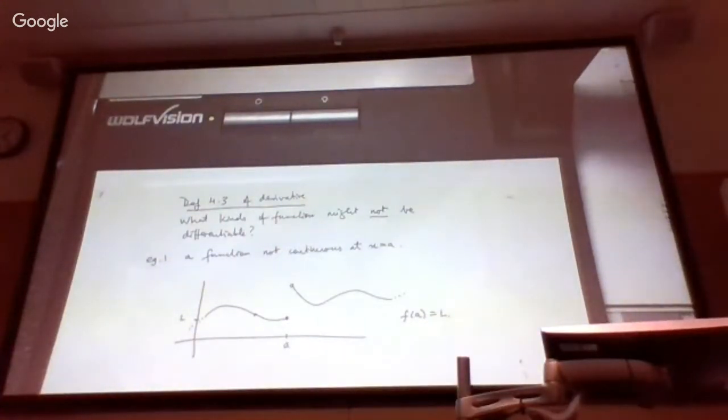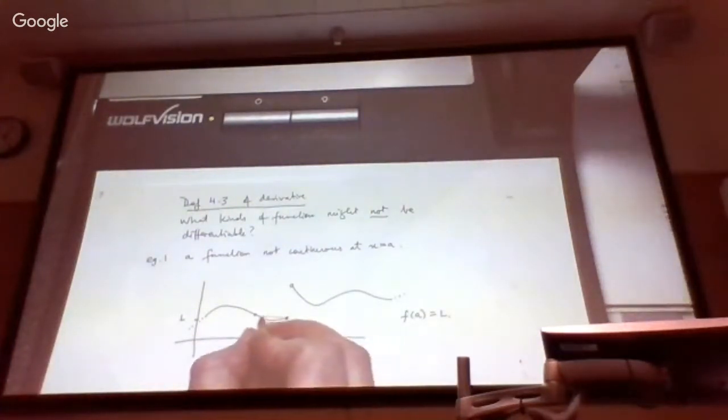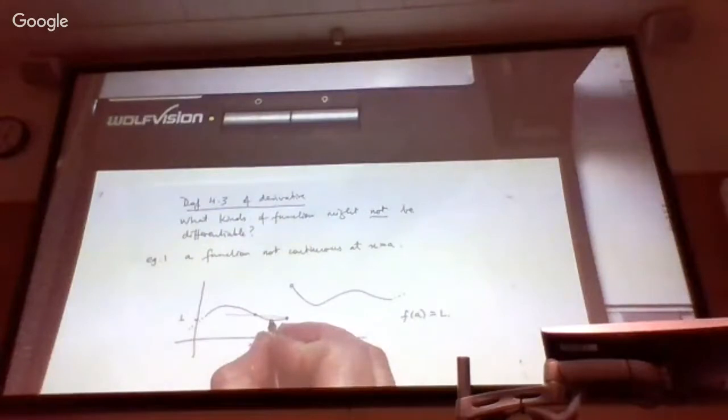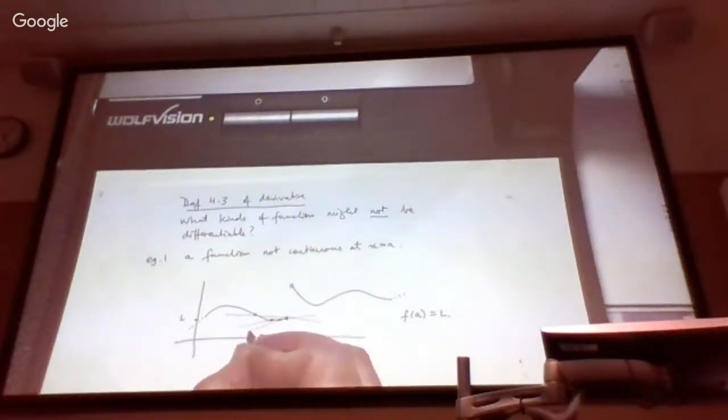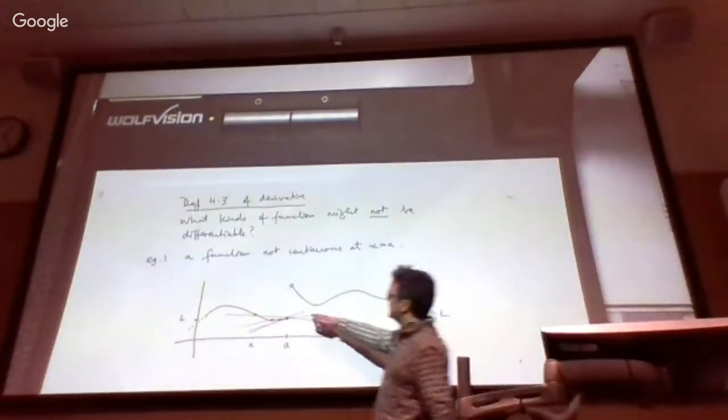Then the chord lines, when you're talking about an alternative point here, are looking like this, and as x approaches a from this side, the chord lines are settling down, and they do seem to be settling down to some limiting behavior. Maybe this kind of a line.